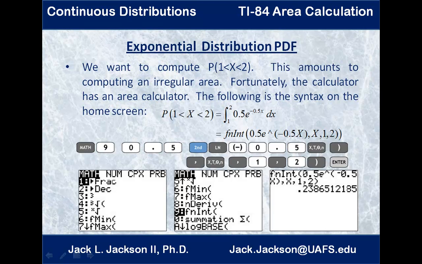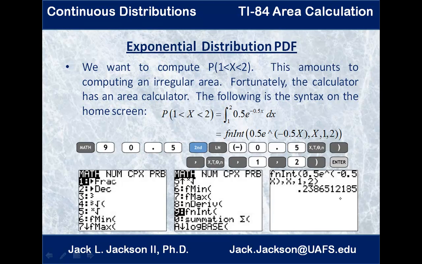That will put the function integrate open parentheses on the screen. Now we type in our formula, 0.5, second LN will give you e to the x, the negative key, 0.5x, close the parentheses on the power, comma, x, comma, 1, comma, 2, close parentheses, enter.